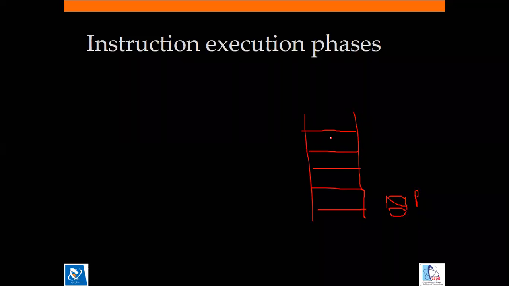Here we would have instruction 1, here instruction 2, here instruction 3, then instruction 4. This is how my program will be stored in the main memory when I start executing it. Now here we are going to have a processor. Let's see, where is the processor? Here is the processor.